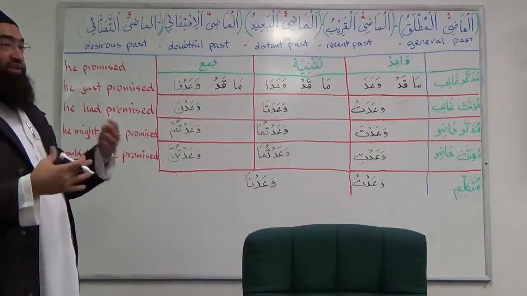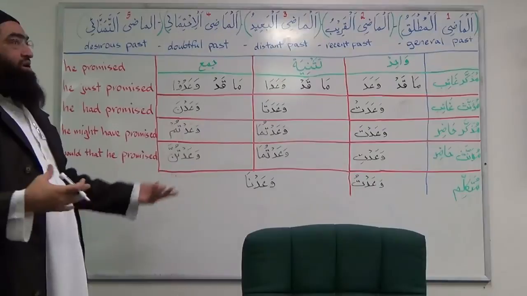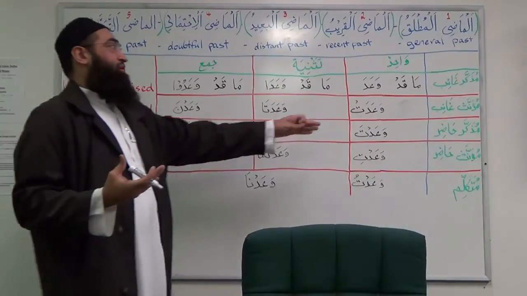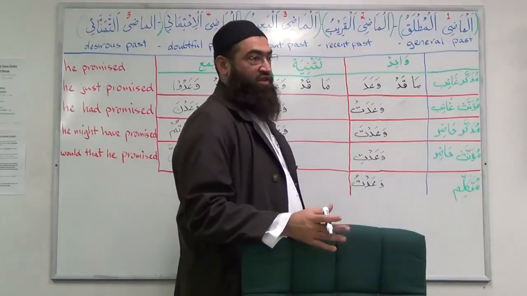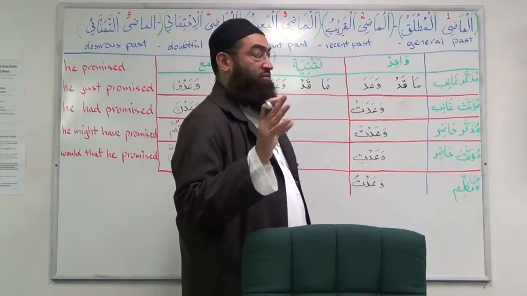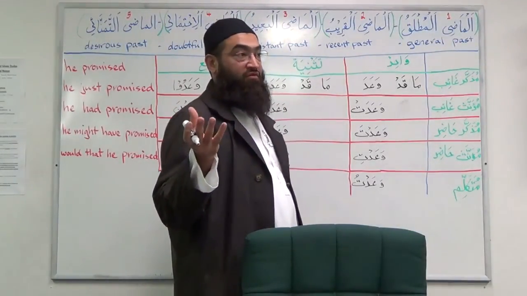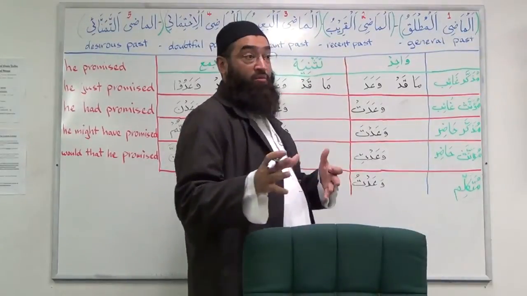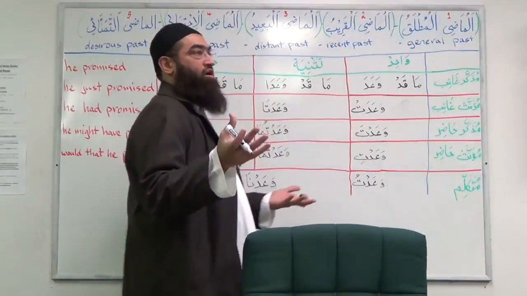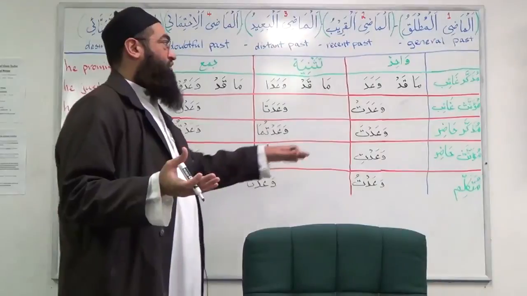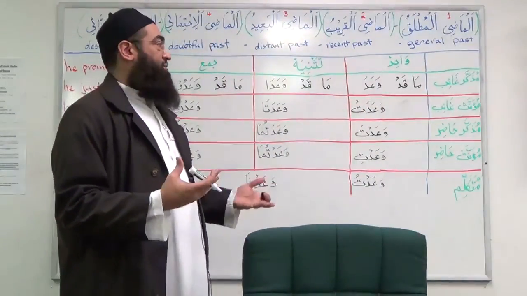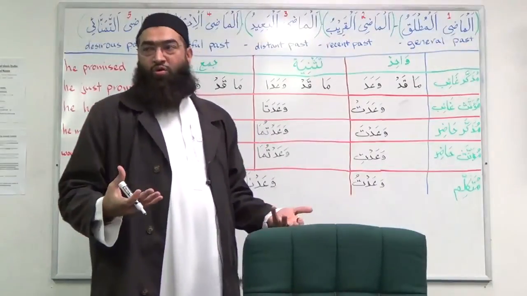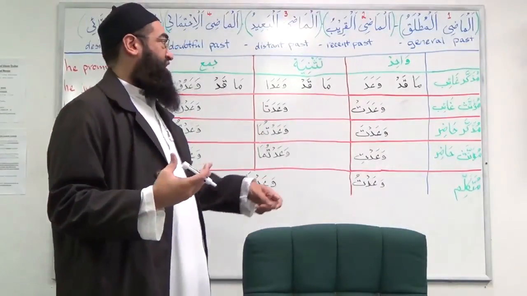Now over here it might sound strange with the word wa'ada. So if we made dhahaba, that one man did not just leave. He left a long time ago. Mata dhahab, when did he leave? He didn't. Qad dhahab, he just left. Ma qad dhahab, he did not just leave. So, with different verbs, it might be easier to understand.